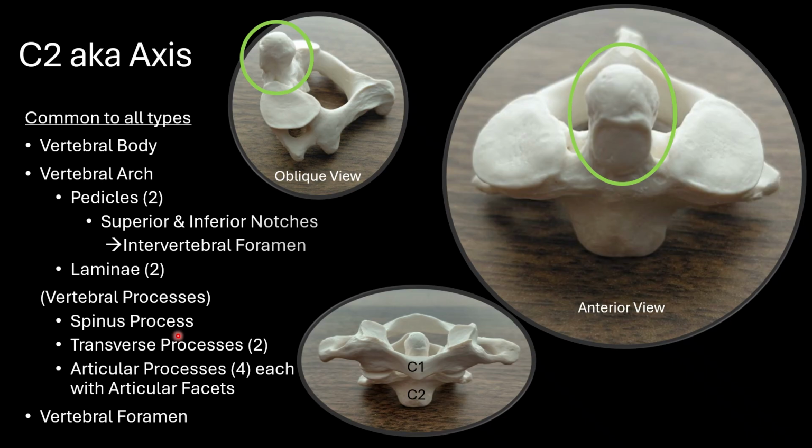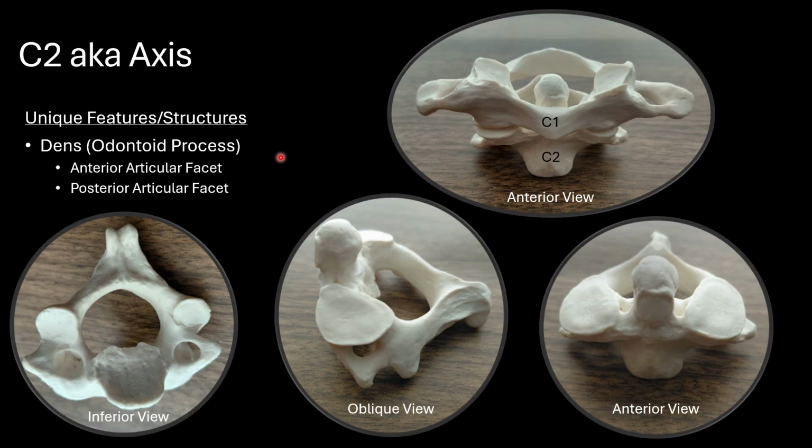But do know that these structures over here are mostly similar to typical cervical vertebrae. The dens is also known as the odontoid process, and it has an anterior articular facet right there, as well as a posterior articular facet, posteriorly obviously. The posterior facet is not going to be quite as apparent as the anterior facet.